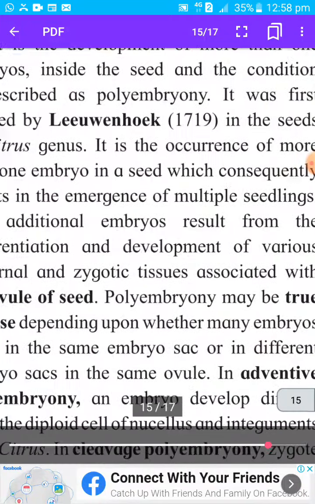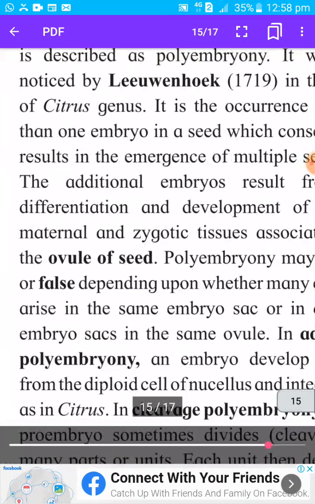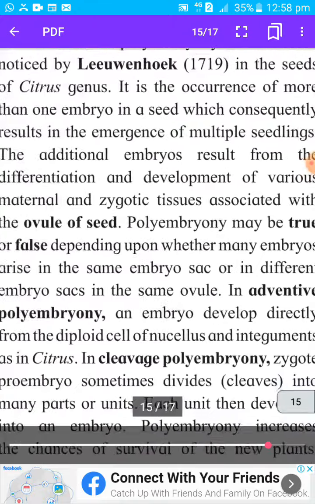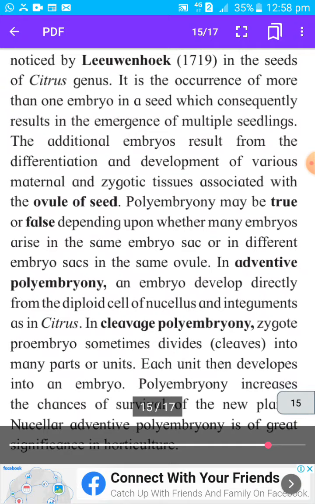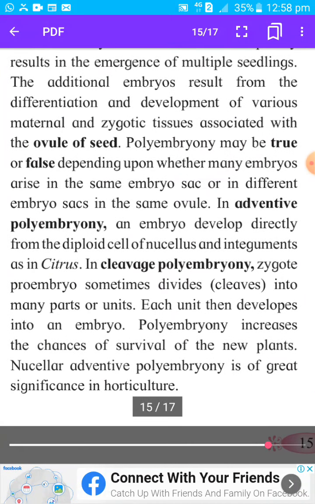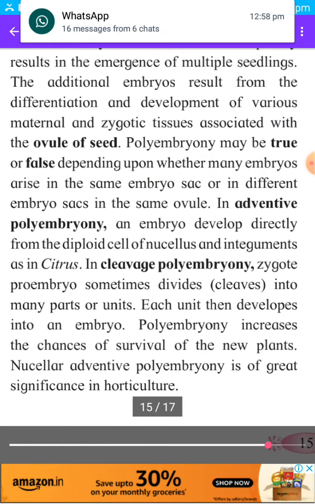It is the occurrence of more than one embryo in a seed, which consequently results in the emergence of multiple seedlings. The additional embryos result from the differentiation and development of various maternal and zygotic tissues associated with the ovule of the seed.